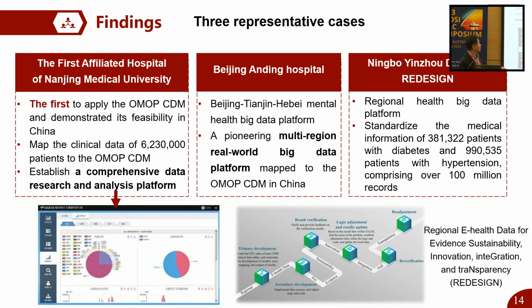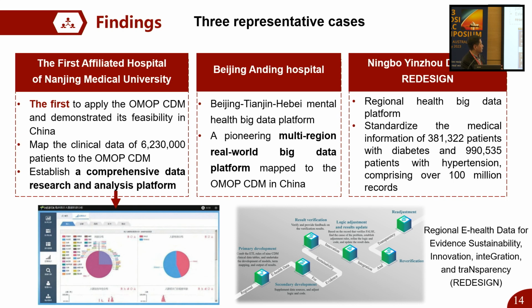The second one is from a hospital in Beijing, and they did a cross-region study, I think on psychiatric patients. And the last one is regional. It's not only one hospital, it's within a small region.